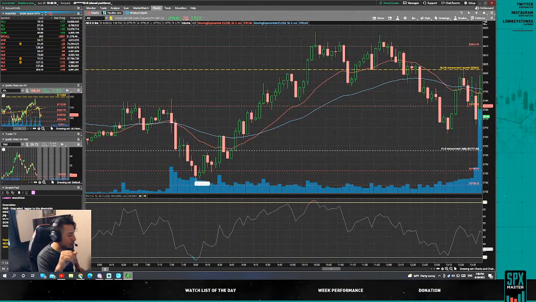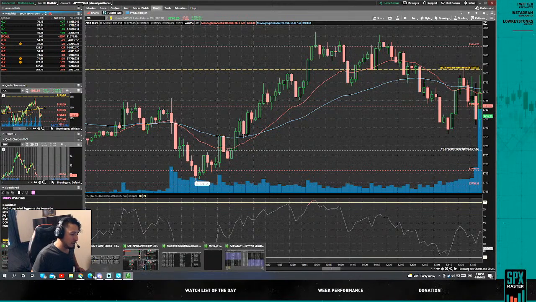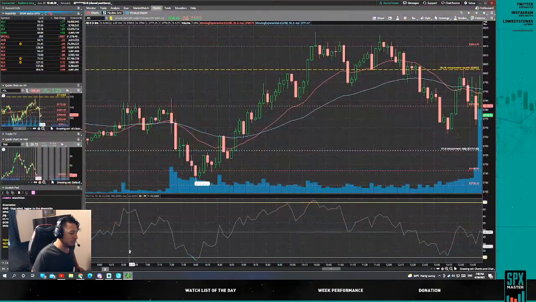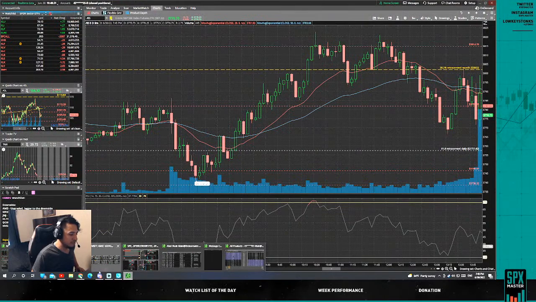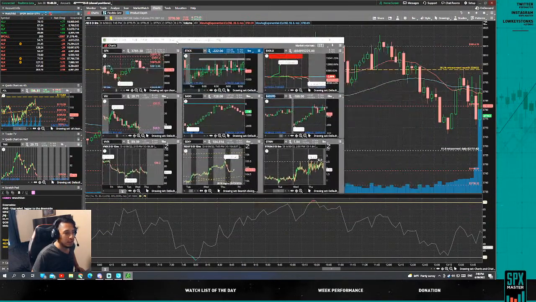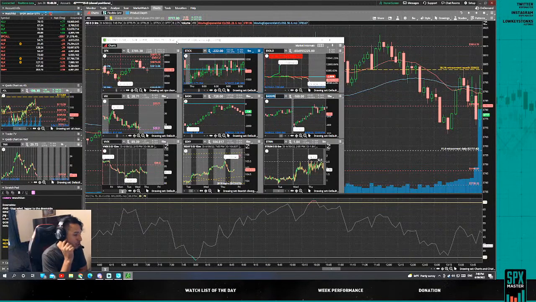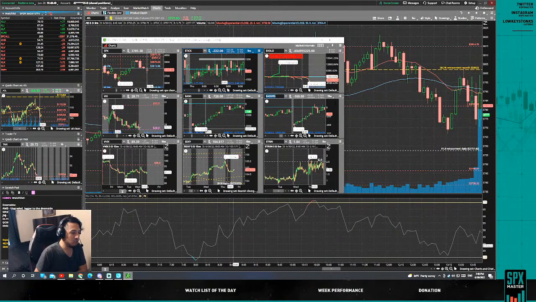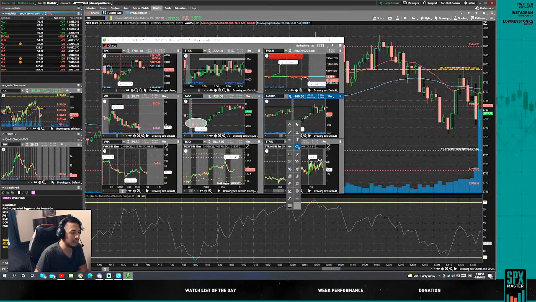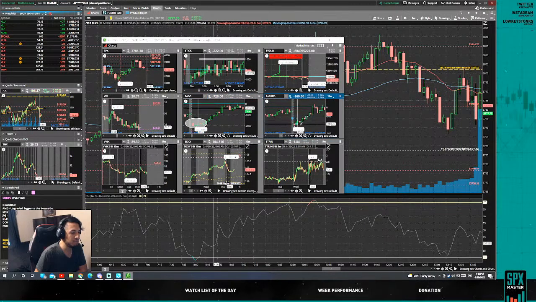Because to tell you the truth, there's no certain way to trade based off internals. If I put you a little bit of context right here, the way I see it, when something like this is happening, the market is not doing the same as the advancers and decliners, because it's not going to be a 100% picture.